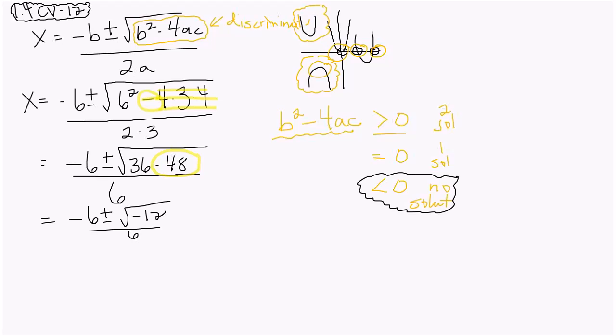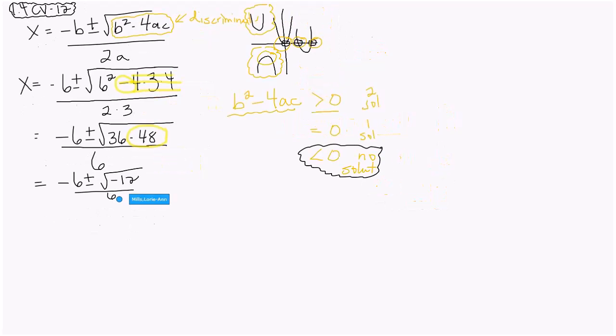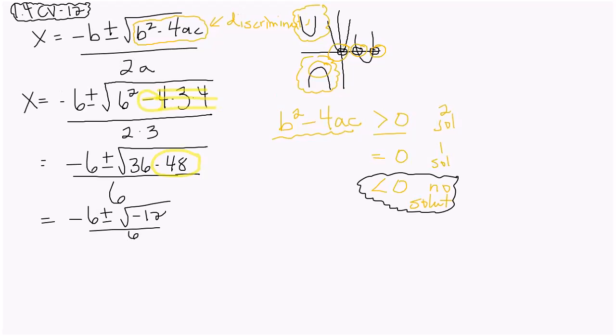Now students get to this point, and it's that age-old problem of, have I simplified enough? And the answer to this is that you're close, but not quite simplified enough. For instance, you have -6 over 6, so at least that side can be reduced, but we also don't ever like to see a negative under a radical sign, under the square root sign.